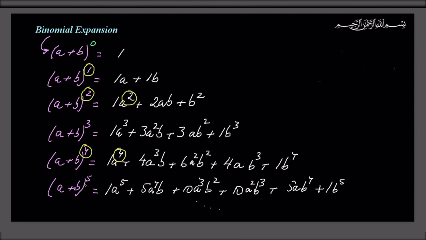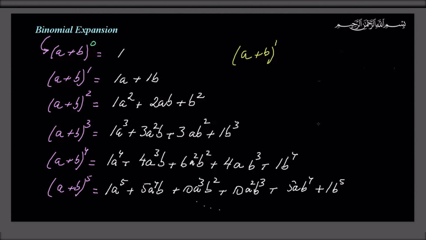A plus B to the fifth would be a fifth degree polynomial with respect to A, correct? So the first term will be A to the maximum power. If I have A plus B to the 15th, the first term will start out as A to the exponent of 15.